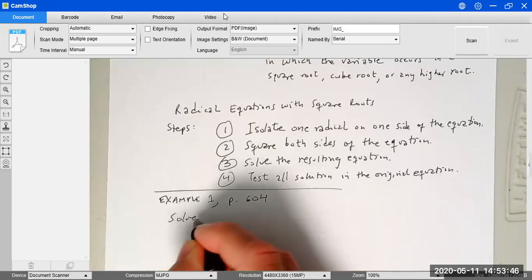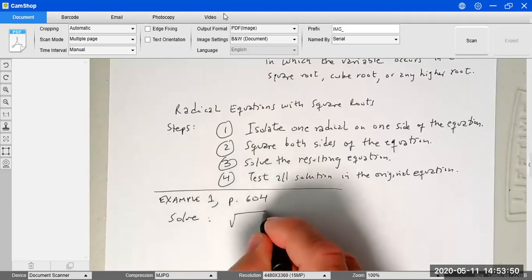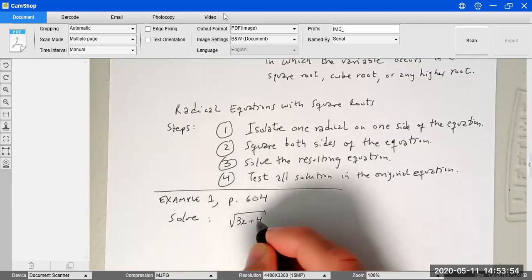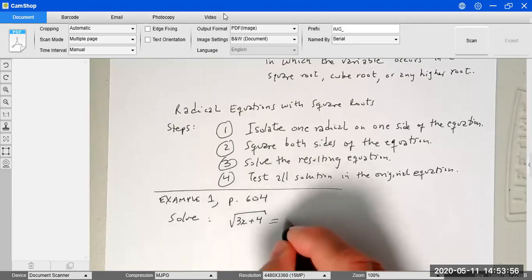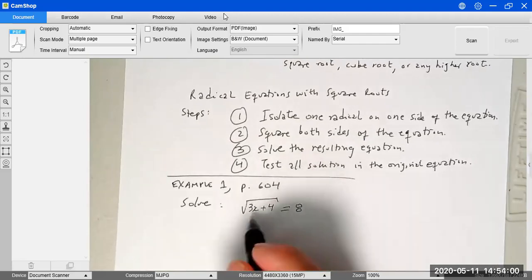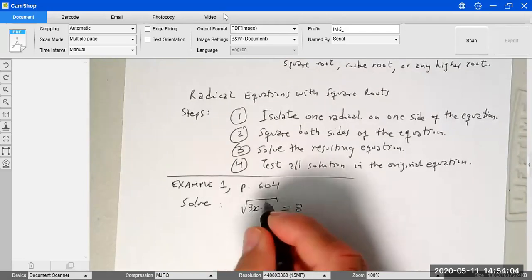We're going to solve the square root of 3x plus 4 equals 8. So that's a radical equation because you have the variable inside of a radical sign.